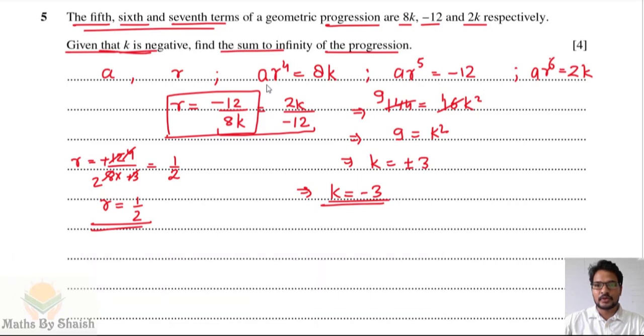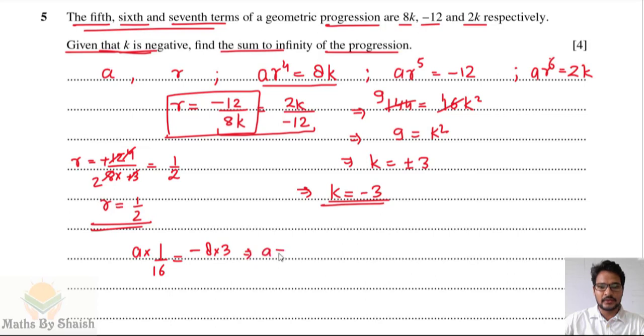We can get a by putting r anywhere, so let's put it here. It is a times r to the power 4. R to the power 4 means 1 upon 2 to the power 4, which is 1 upon 16, equals 8k. So 8k means minus 8 into 3.